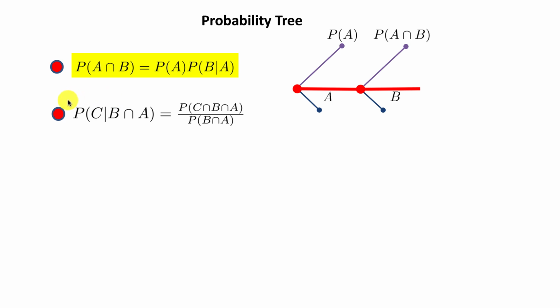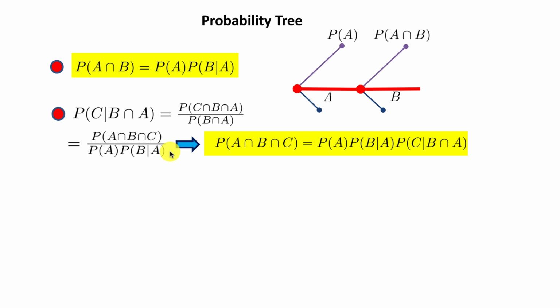In this case, we will use the definition of C given A intersection B, or B intersection A, same thing, which is equal to the probability of C intersection B intersection A divided by the probability of B intersection A. From this, we arrive at this. All I have done is substituted this over here, and now we know how to go to the next branch. So P of A and B and C is equal to this.